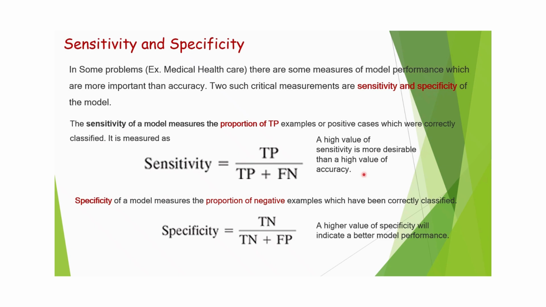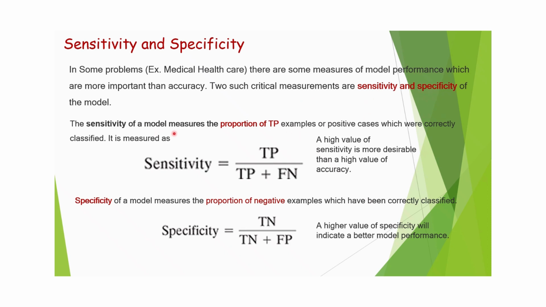Apart from model accuracy, we can also have some more parameters called sensitivity and specificity. In some problems like medical healthcare, there are some measures of model performance which are more important than accuracy. Two such critical measurements are sensitivity and specificity of the model.